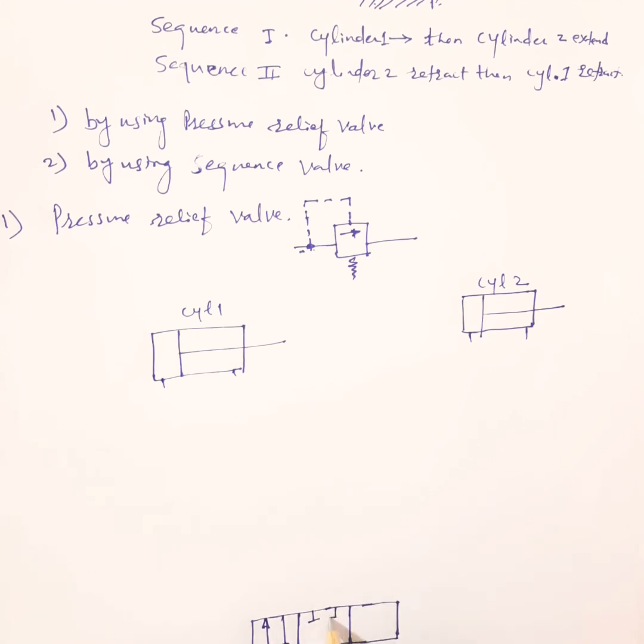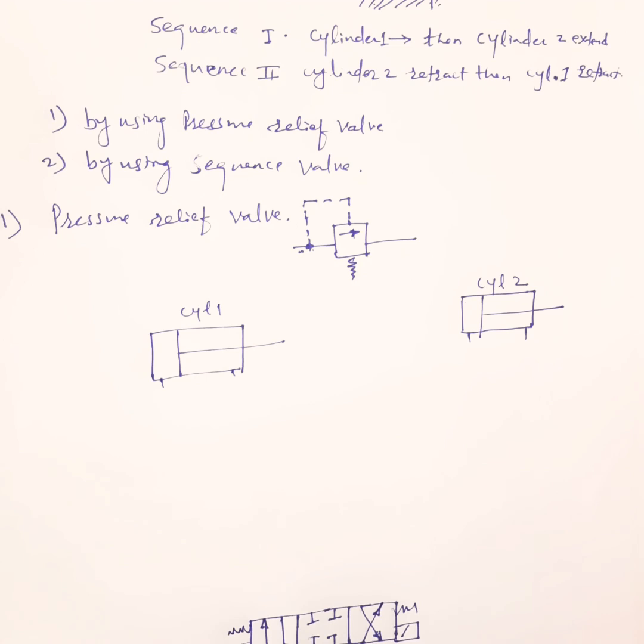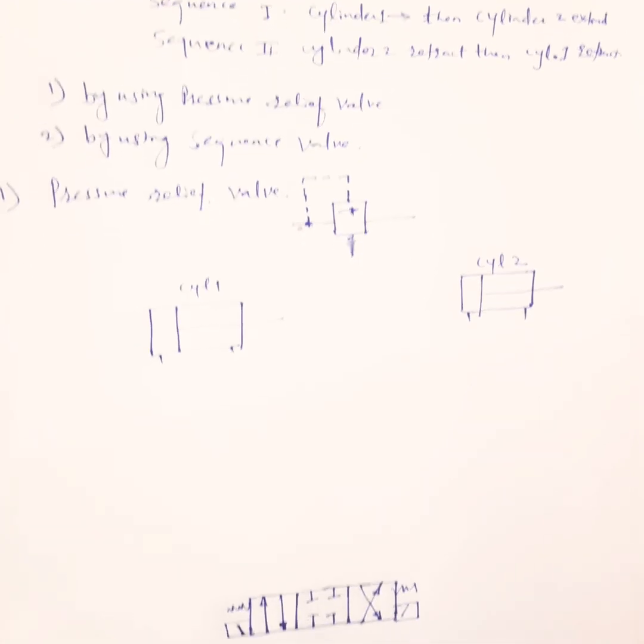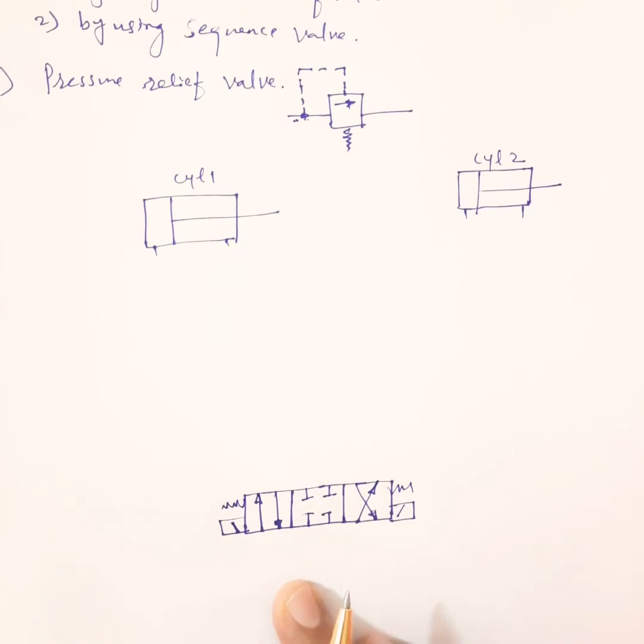The center position may be any center position according to your application. Your third position will be like this, and here you have to show the actuation method. For example, it is solenoid operated, so we will use a solenoid operated direction control valve, and we will place a spring here. If both signals are absent, because of this spring force the DCV will come to the center position. So here one DCV we have drawn.